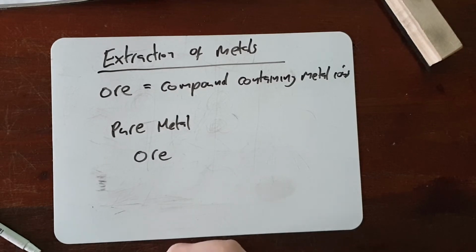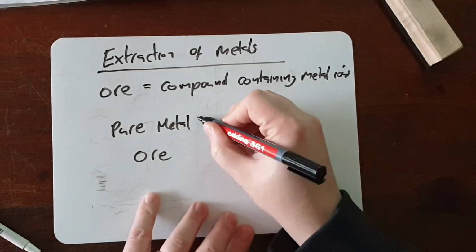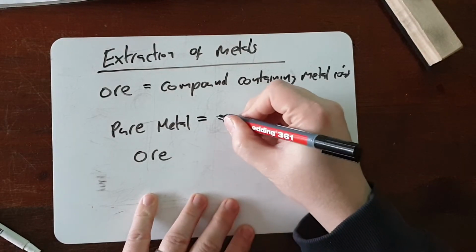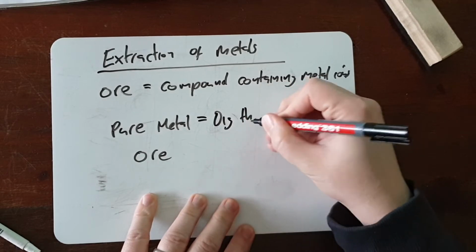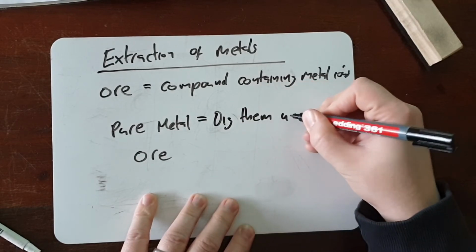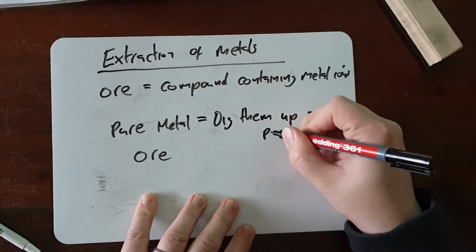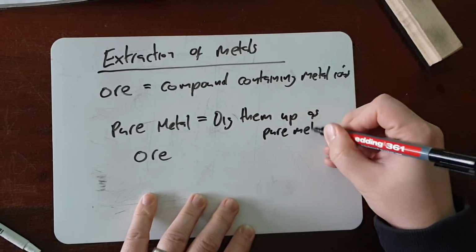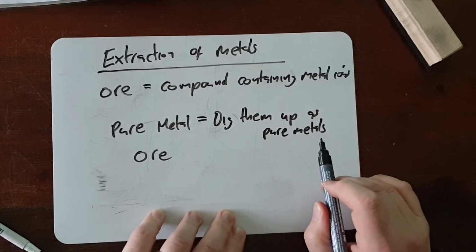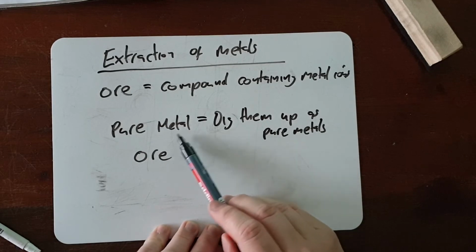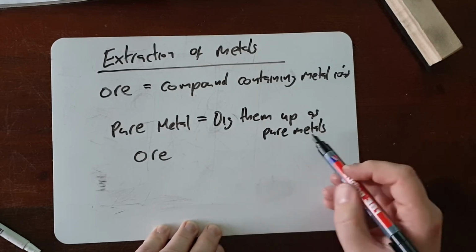If I buried a gold bar in the ground, a couple of million years later, it's still a gold bar because it's really unreactive. So the pure metals, we dig them up as pure metals. So gold, silver, platinum, we dig them up and they are totally pure. They are found as uncombined elements.